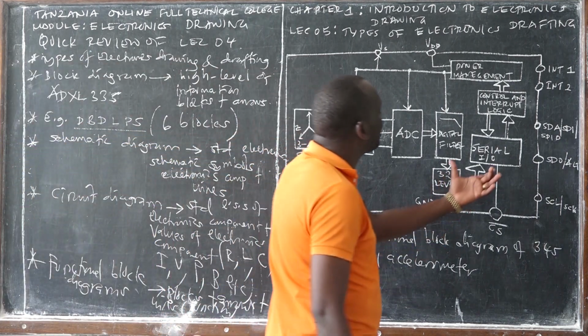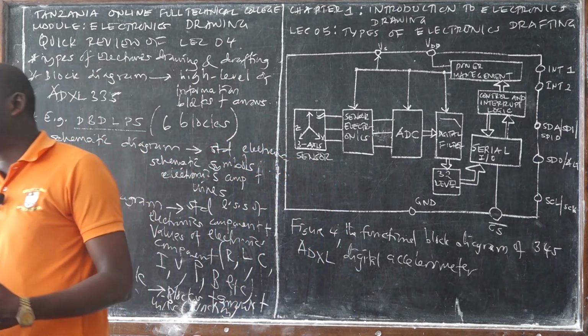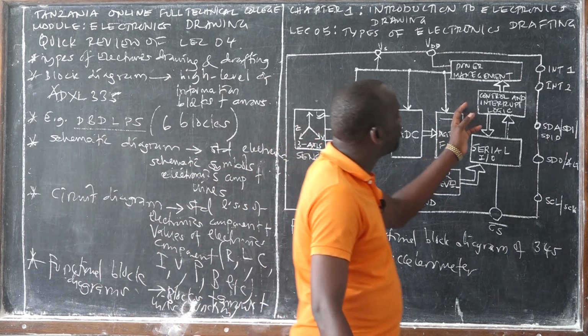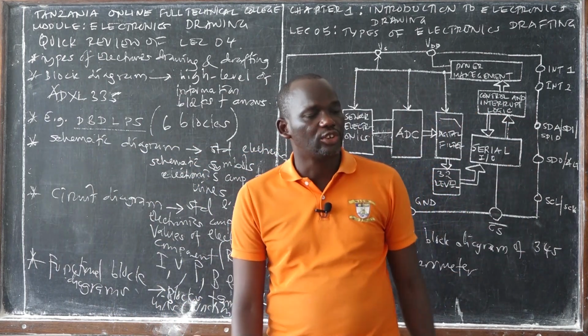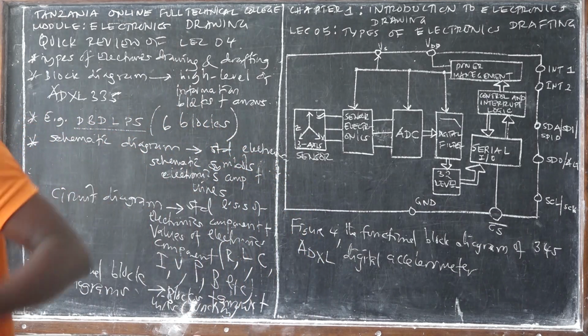So this is the communication protocol. In electronics communication, we have a number of protocols. When you talk about protocols, we are not talking about political protocols, we are talking about technical protocols. Then another block is called the control and interrupt logic.